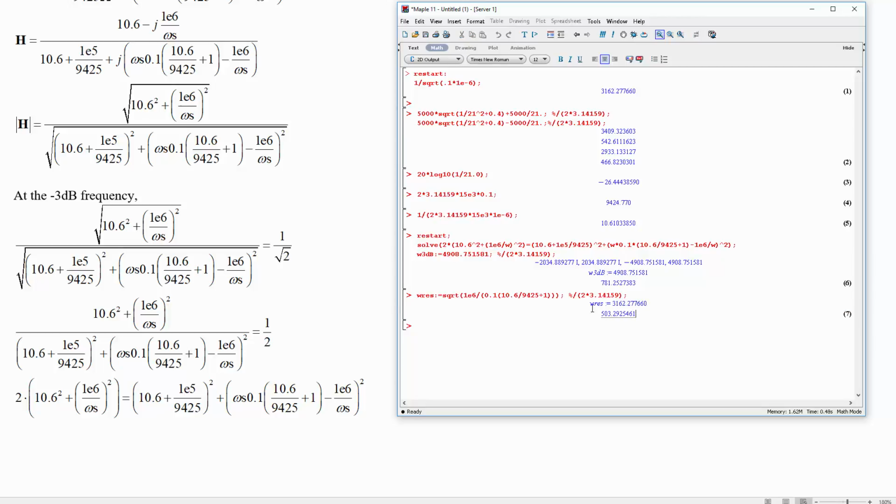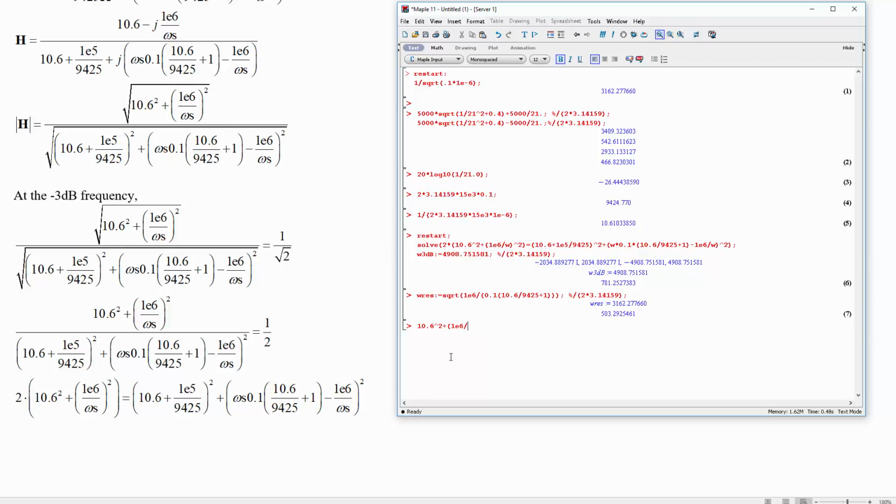And actually, I guess we kind of knew that. We've been working with the same inductor and capacitor for a long time. So we've got our resonant frequency of 500 hertz as typically happens. Now, at that point, let's look at the rest of the stuff that we have for magnitude and see if it's bigger. So we've got 10.6 squared plus 1e6 over 503.